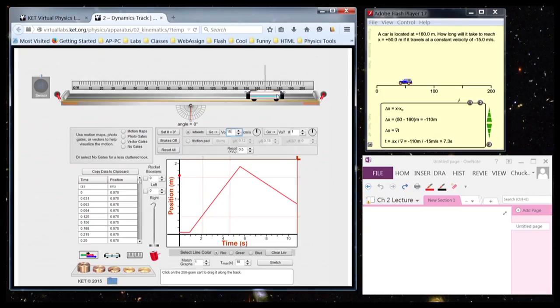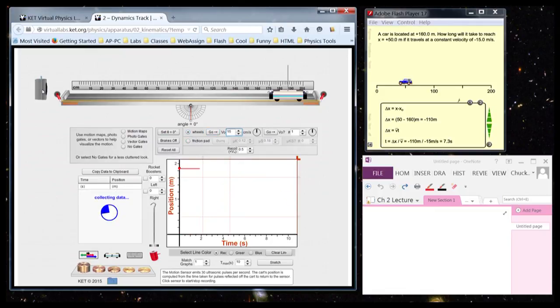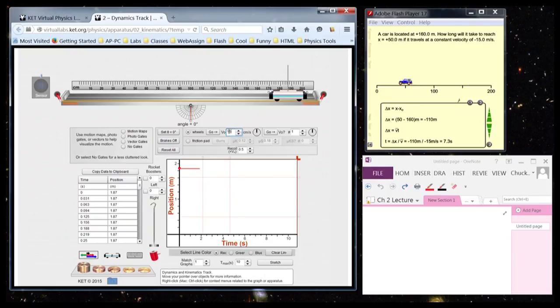So everything actually should work okay. And now I'm going to start it over here, because it really doesn't matter. We're just going to start looking at the motion when it gets to those crossing points. So I'm going to turn this on, and I'm going to say go. Whoops, that's not what I want to do. I want to make this minus 15. And let's get it to, okay, minus.